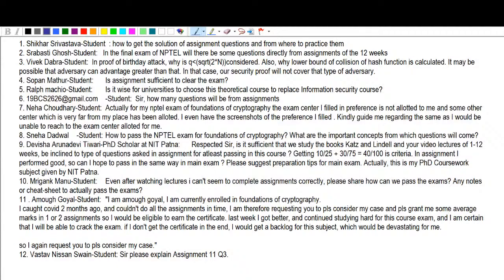They are now doing it because there was slight confusion regarding collision with the JEE exam and so on. JEE exams have been postponed, so now they are going with the exams as per the earlier schedule. I cannot help you regarding the exam center changes and all those things because those are not under my control. You have to please contact the NPTEL team only, the IIT Madras team.